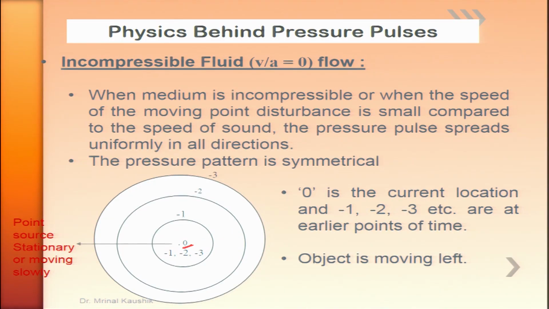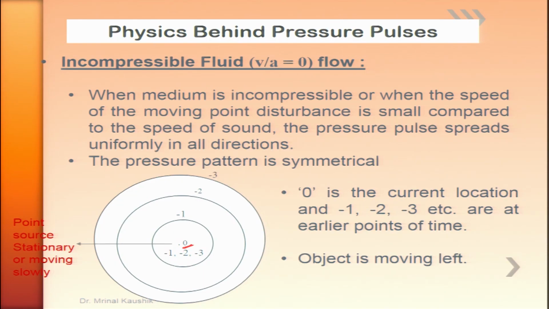Being of three-dimensional nature, this source is going to produce spherical signals, which on a plain paper like this we represent as a circle. Now at the 0th location, this wave is propagating spherically, extending.